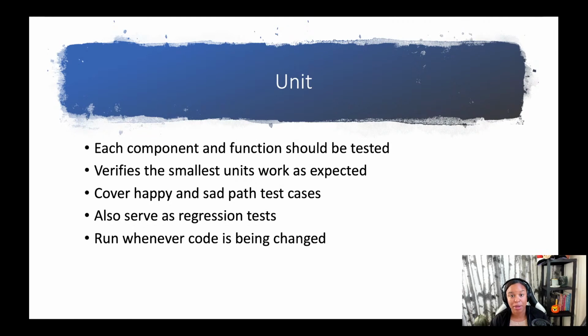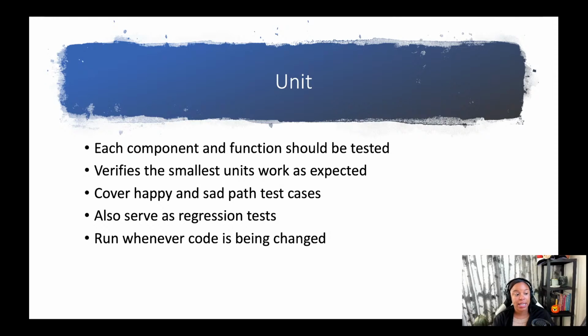Let's go ahead and talk about unit tests. So in more detail than what we saw in the test pyramid, unit tests are really broken down for every single component and function as part of an application that should be tested. They verify the smallest units work as expected.